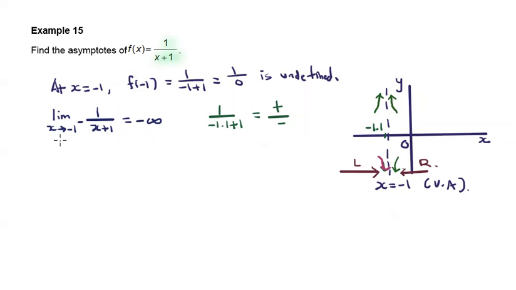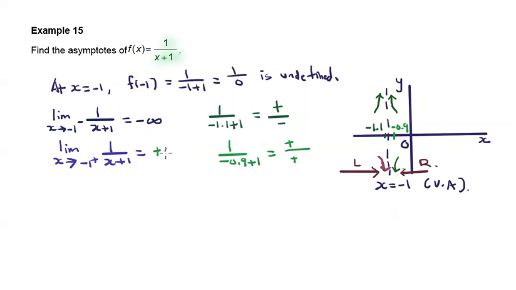How about from the right? So the limit from the right, we can check the sign by substituting a value, -0.9. So 1 divided by -0.9 plus 1. 1 is positive, and -0.9 plus 1 is positive.